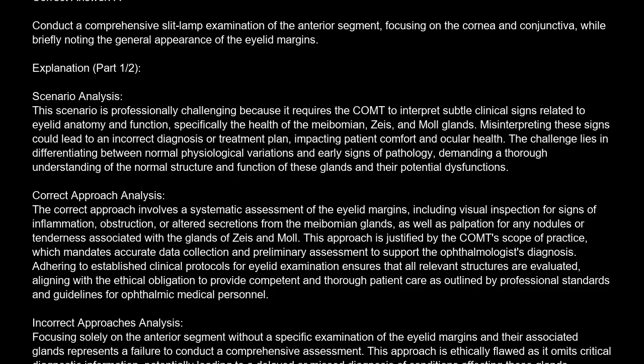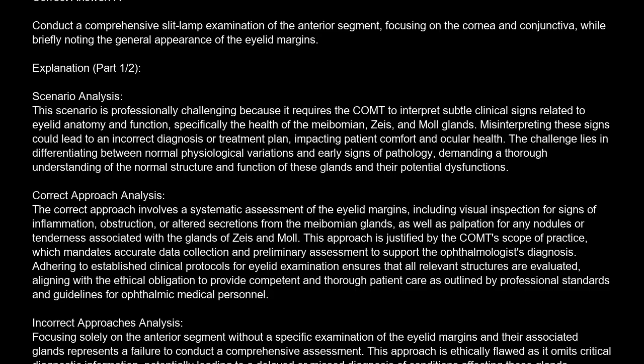Correct approach analysis. The correct approach involves a systematic assessment of the eyelid margins, including visual inspection for signs of inflammation, obstruction, or altered secretions from the meibomian glands, as well as palpation for any nodules or tenderness associated with the glands of Zeis and Moll.